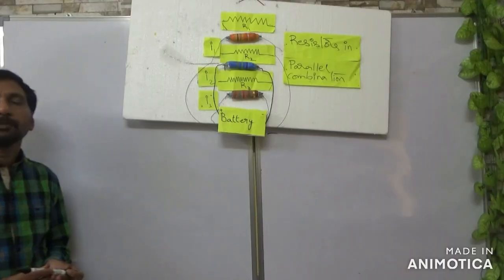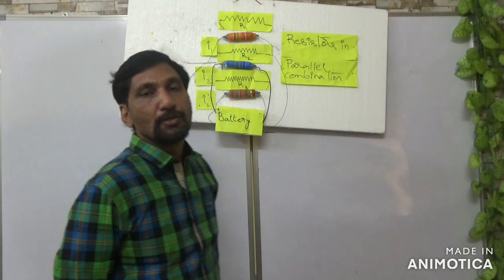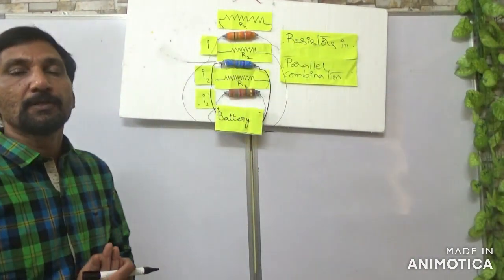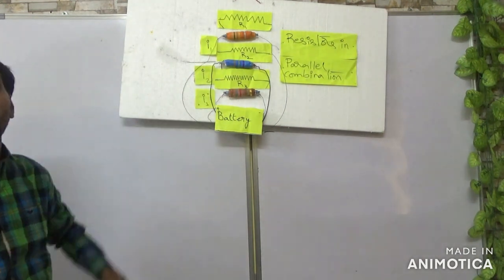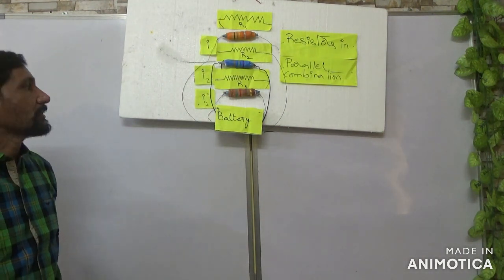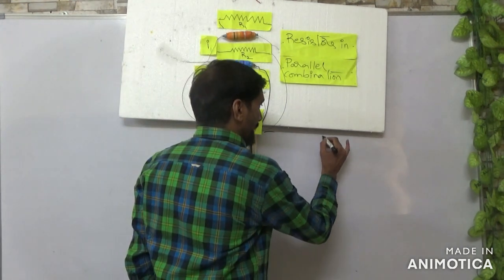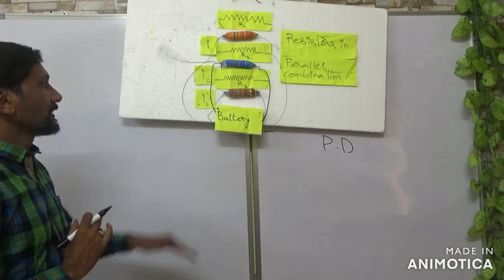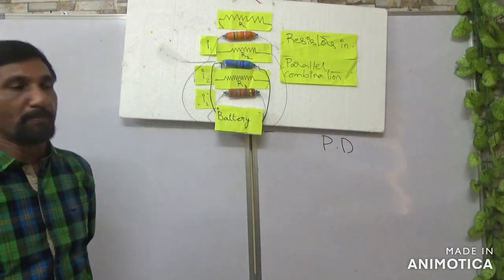Okay, so now we are going to know when resistors are joined in parallel combination. So remember, whenever resistors are joined in parallel combination, potential difference across each resistor remains same.